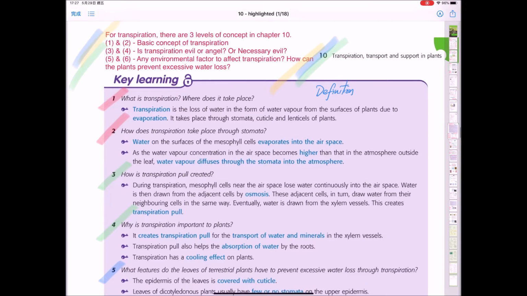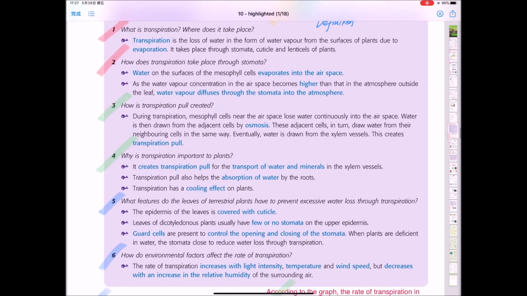In part 6 we are going to talk about how environmental factors affect the rate of transpiration, and how the plant can prevent excessive water loss through transpiration, that is, adaptive features of the plant, for example on the leaves. So we can divide the whole topic of transpiration into different levels for easier revision.